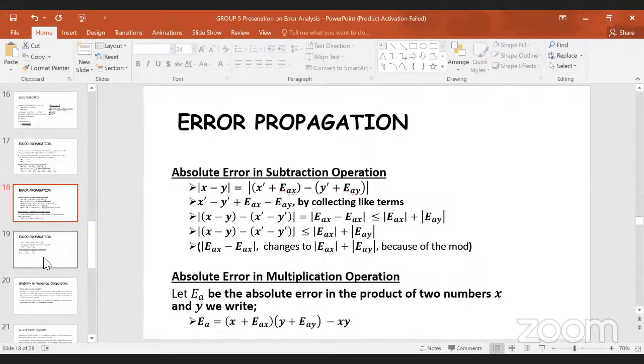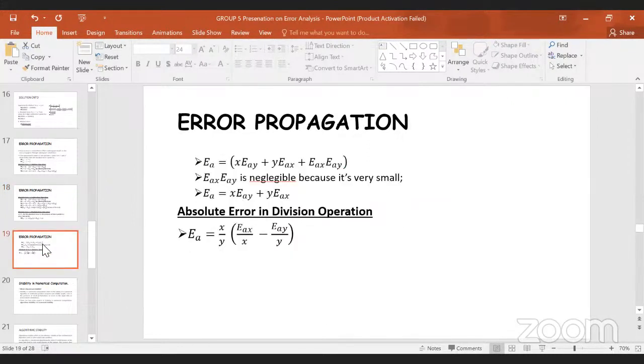By the time we continue the process of solving, because of opening the bracket, we have EA equal to x EAY plus y EAX plus EAX EAY. And EAX EAY is negligible because it is very, very small. Now we have the formula for the absolute error in division depicted by this.